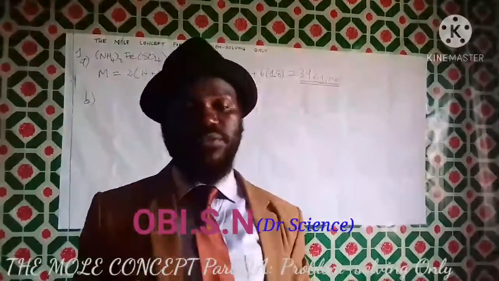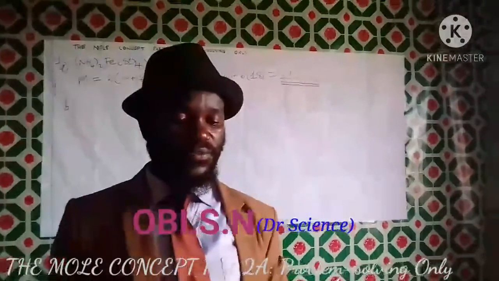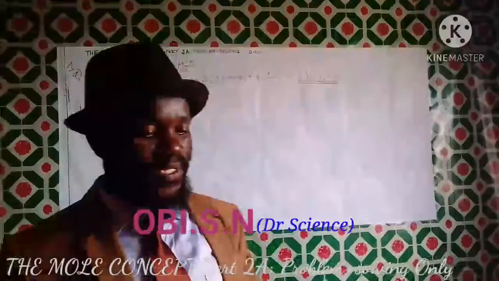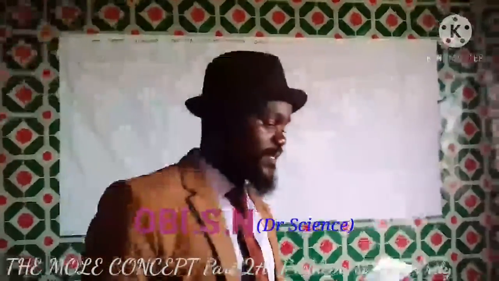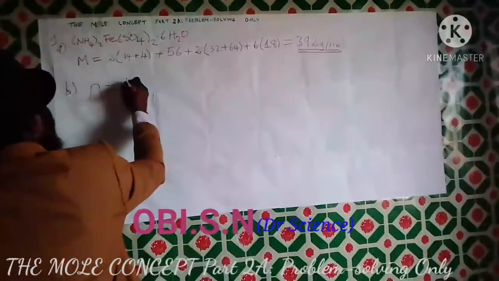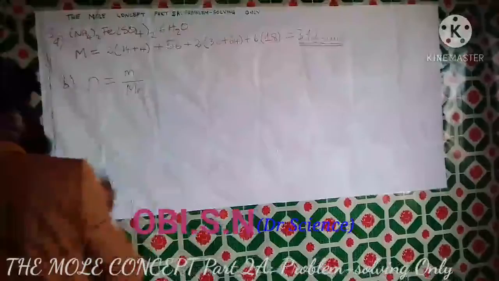First, we have to calculate the number of moles, followed by the number of molecules of the Morse salt. Let's begin with the first part, the number of moles. By definition, the number of moles, small n, is equal to given mass over molar mass.